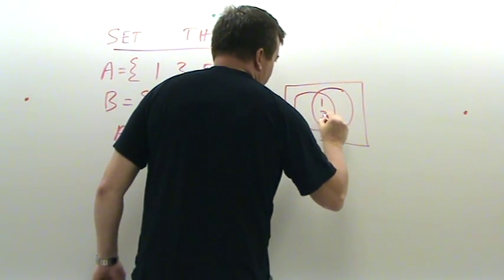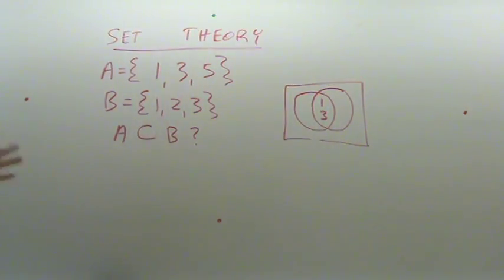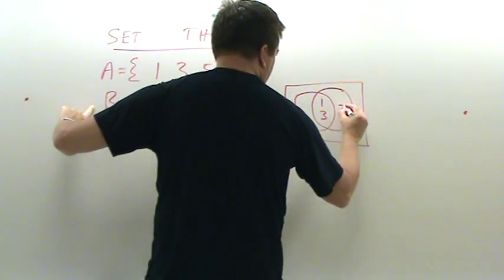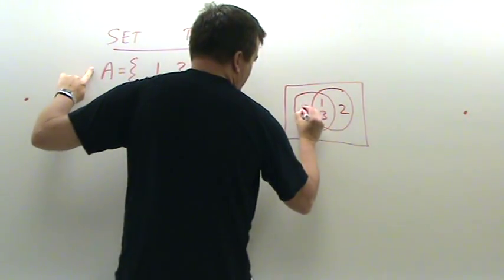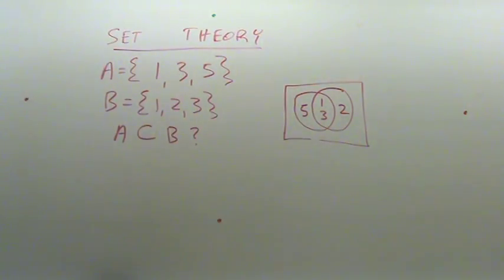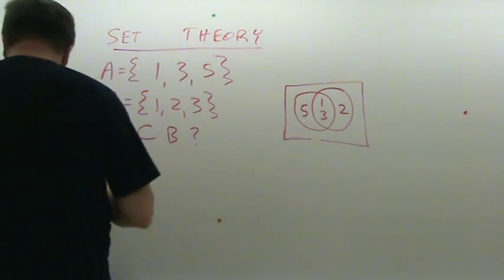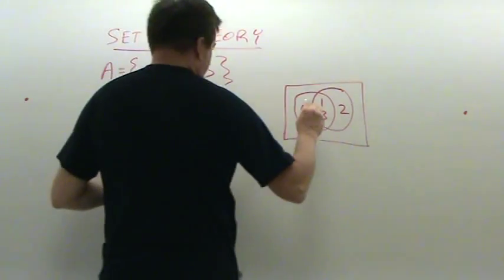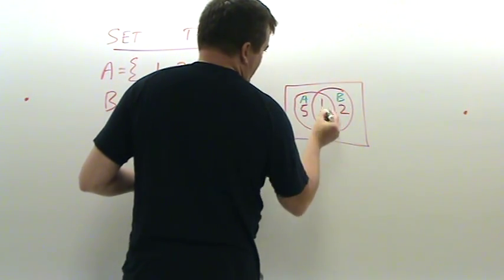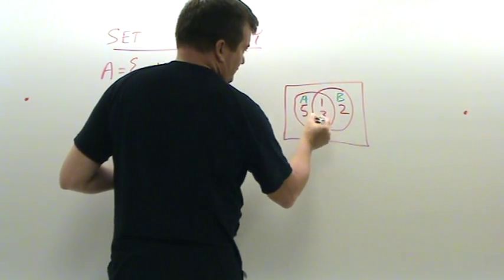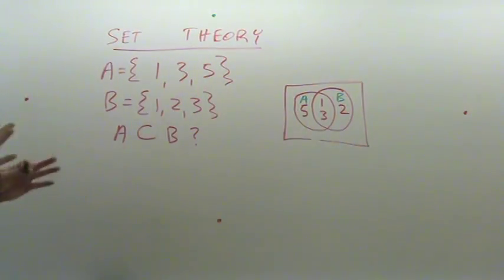So 1 and 3 appear in the overlap. B also has 2, and A has a 5. So from our point of view of where they overlap and not, the picture kind of looks something like this. This would be set A, and this would be set B. And this kind of football-shaped thing is where A and B overlap.